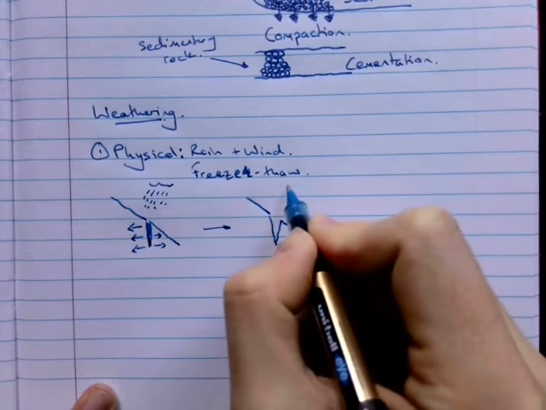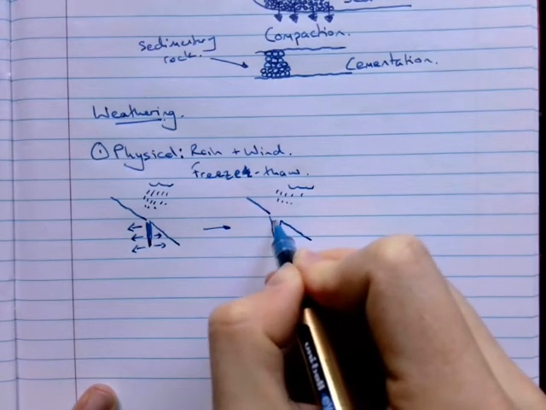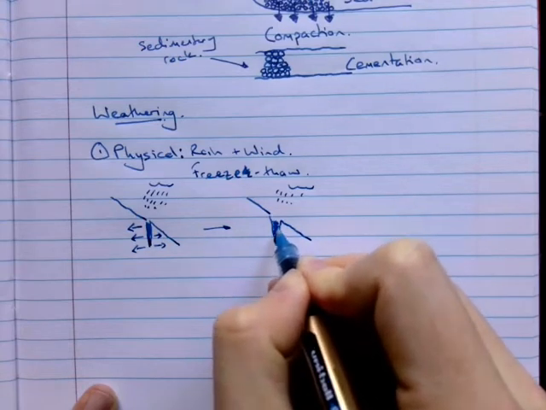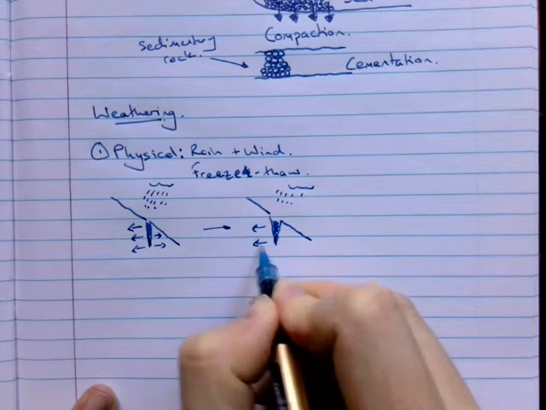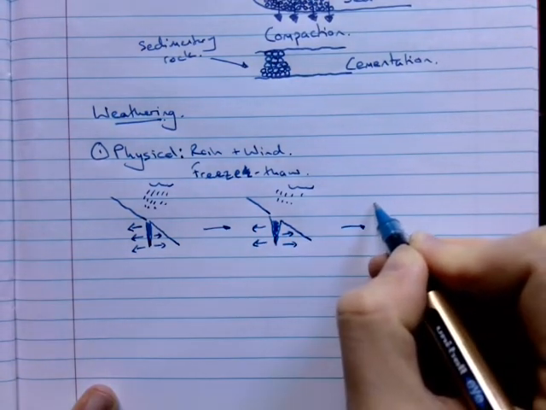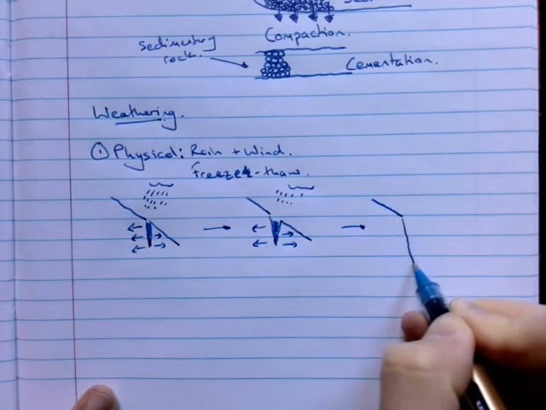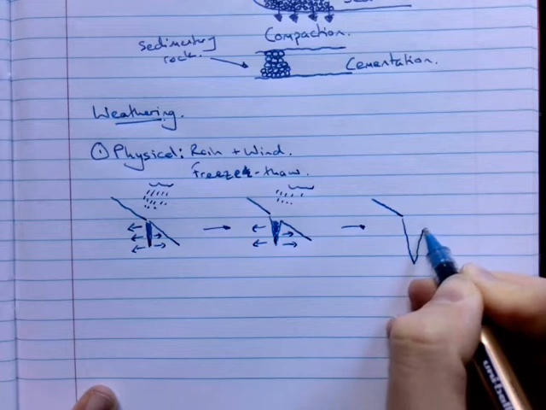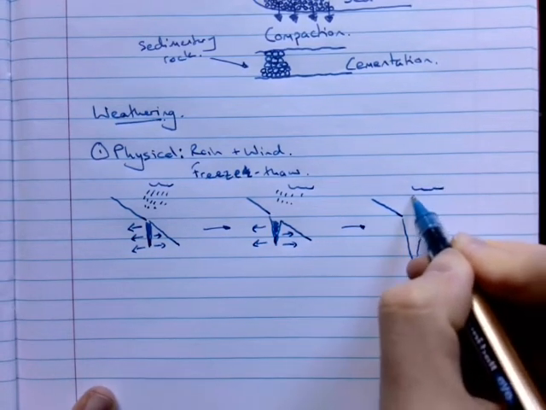All right, and then the next day it rains again and the crack fills up with water again, and then at night time it gets really cold and the crack expands, and so it gets bigger. Okay, and then the same thing happens again.